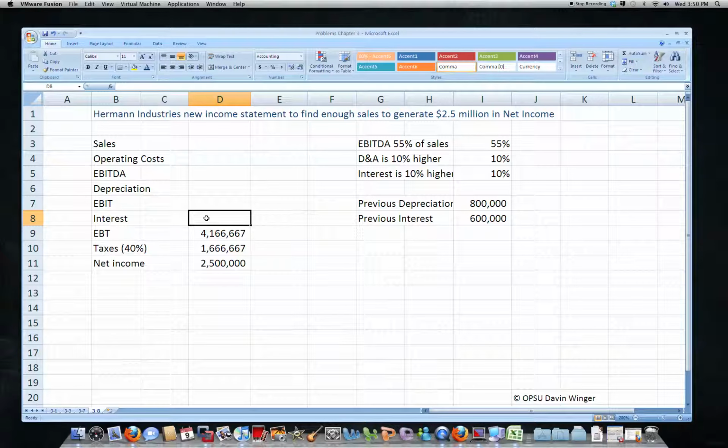So we just multiply our interest times 1.10, 600,000. We can then add our earnings before taxes and our interest to get our EBIT.